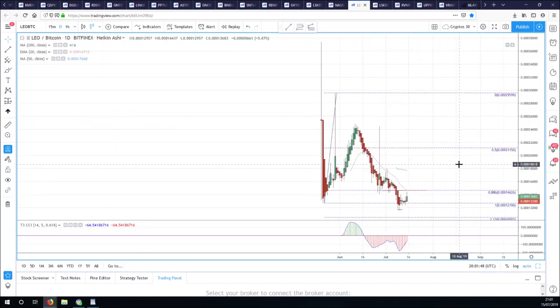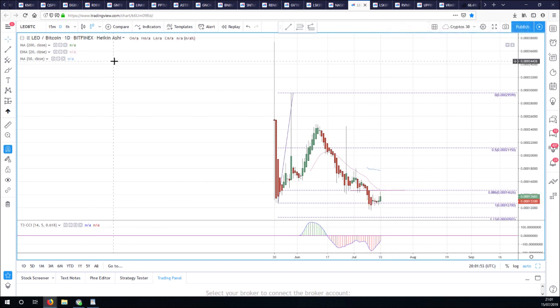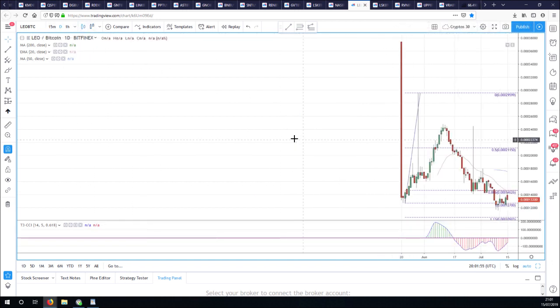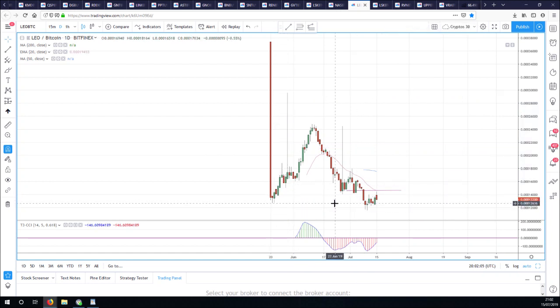We've done the same thing, pretty good bounce off the lows, but Bitcoin's rally today has wrecked a few of these looks. They don't look quite as impressive. So Leo Bitcoin, we're just going sideways at the lows rather than trending anywhere. So that's okay.